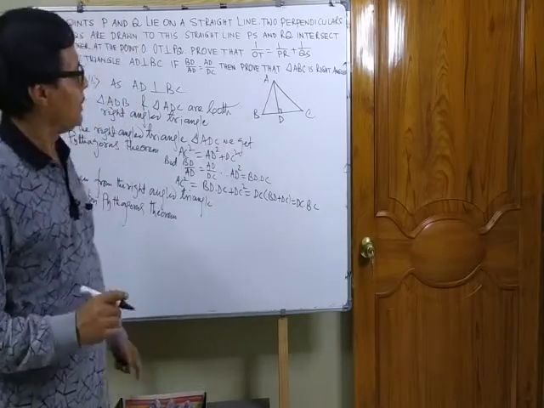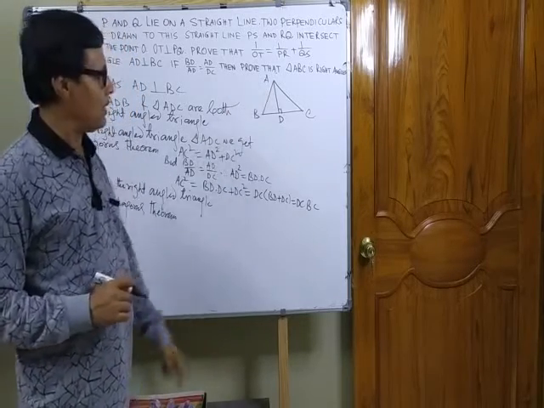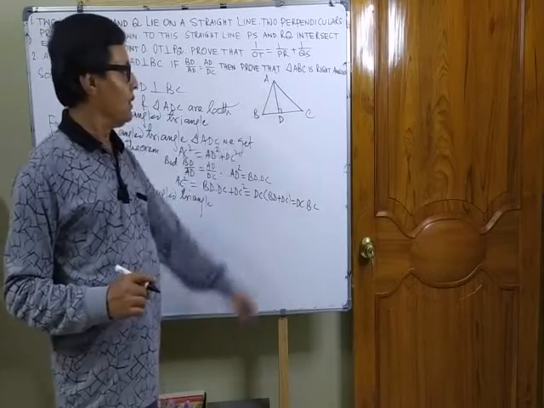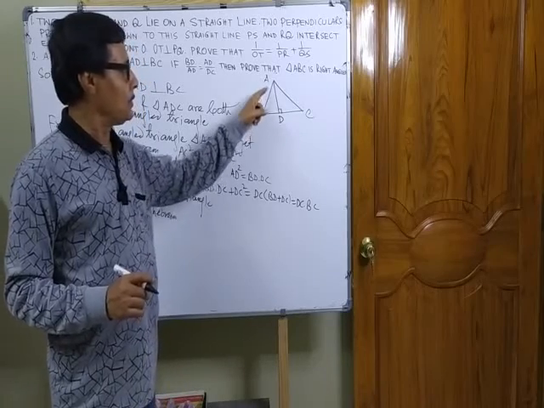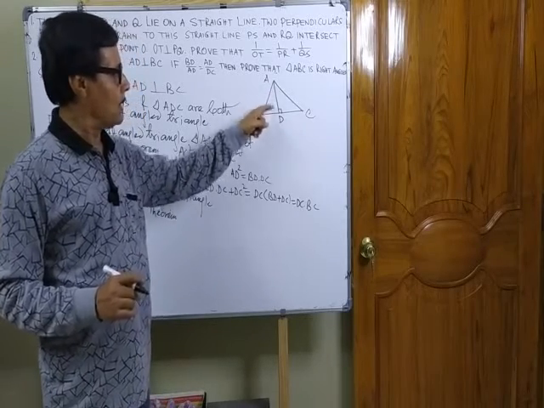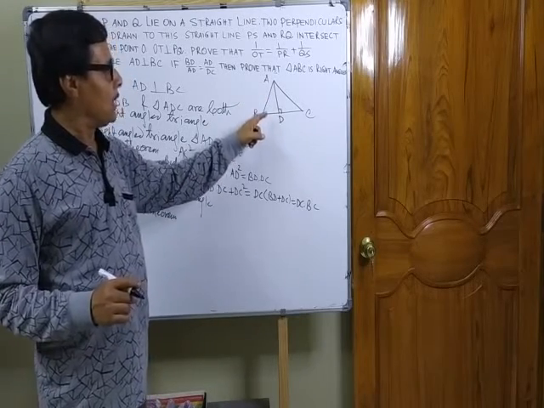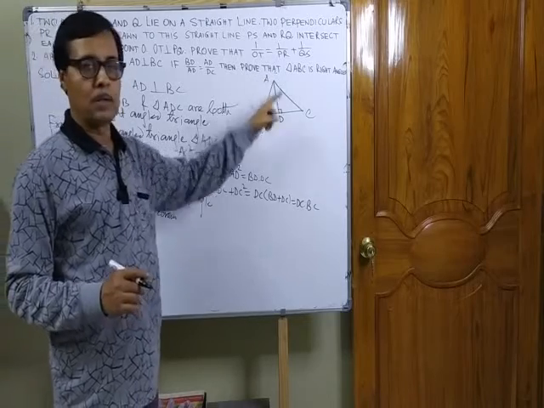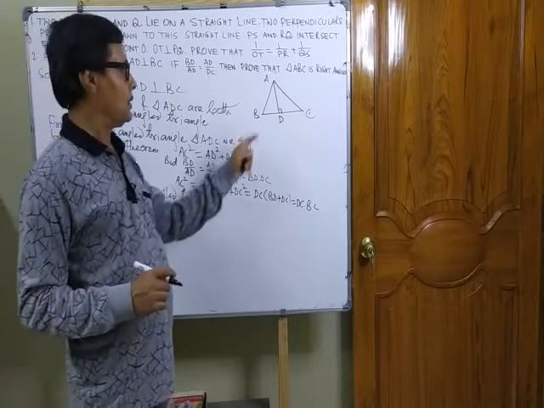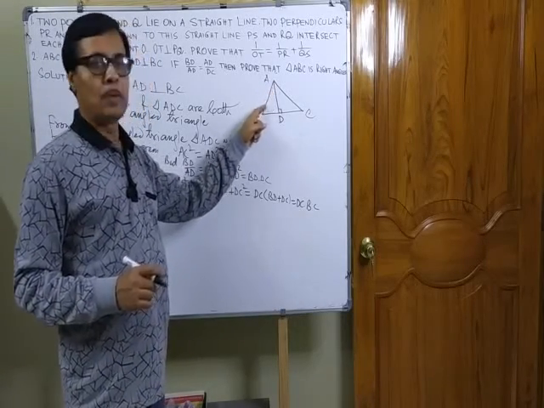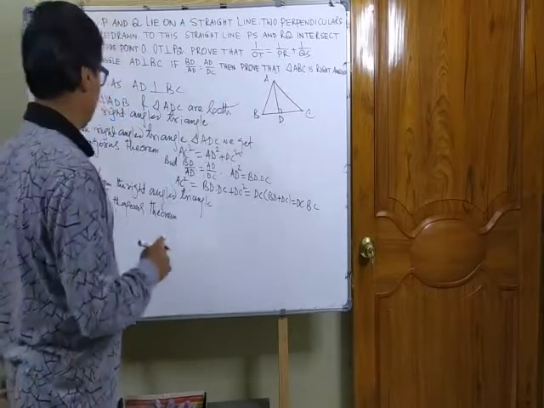So Pythagoras theorem can also be applied on this triangle, that is right angle triangle ADB. By Pythagoras theorem, AB square, the square of the hypotenuse, is equal to the sum of the squares of the base and the altitude, that is perpendicular. This is the Pythagoras theorem. So by Pythagoras theorem we can write AB square equal to BD square plus AD square.